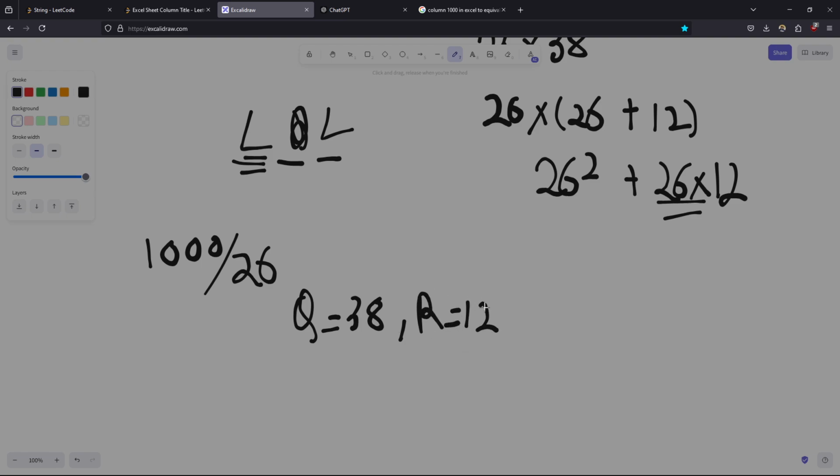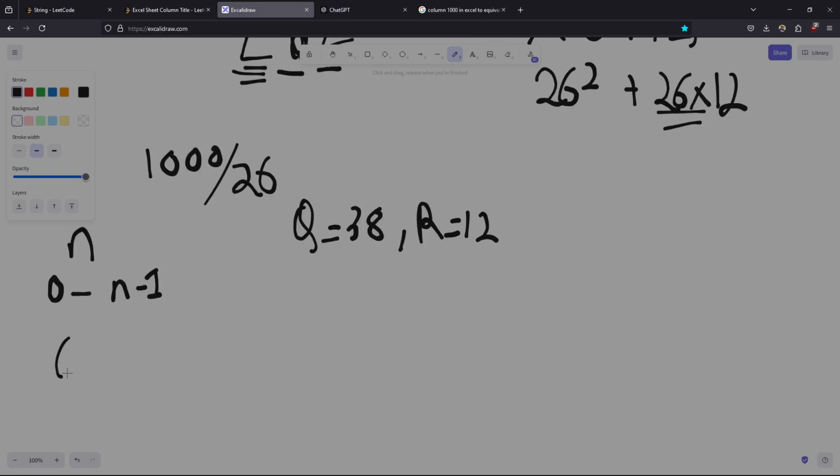As we know, when we divide any number by n, the possible remainders range from 0 to n minus 1, which is n different remainders. So when we divide any number by 26, the possible remainder can range from 0 to 25. So the remainder will be from 0 to 25.